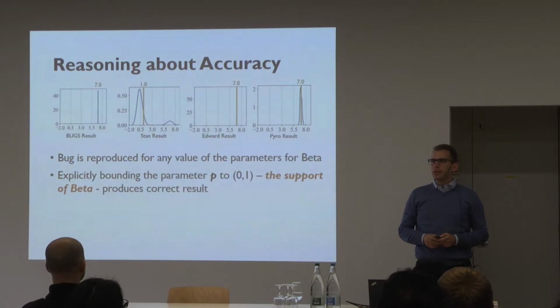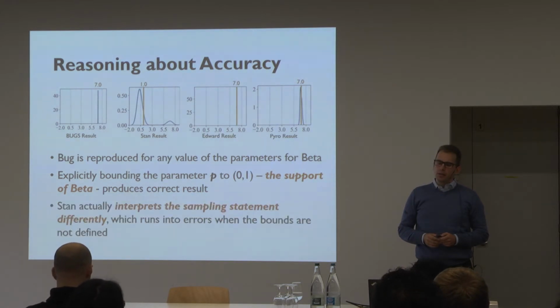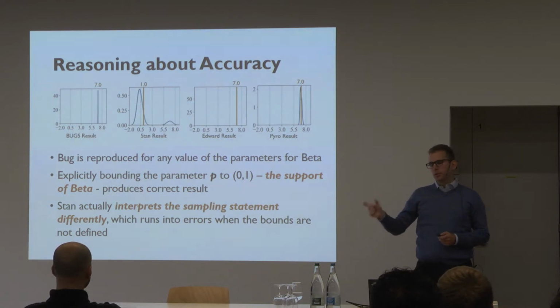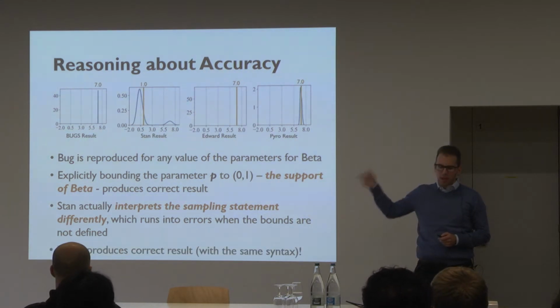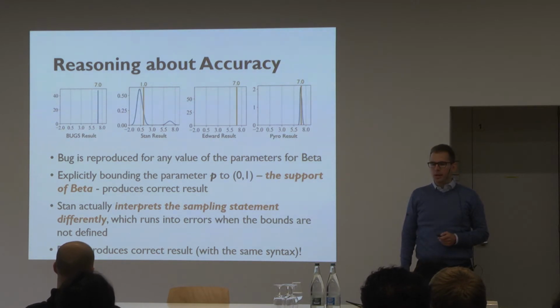Well, it's actually a problem in usability, where Stan has a slightly different interpretation of sampling statements. What you need to do is set the interval explicitly in the source code. If you don't, you may not get the best error message, and it will not point you directly to the problem. And by the way, BUGS would produce the correct result right away.